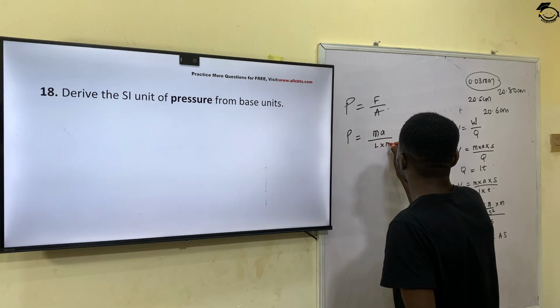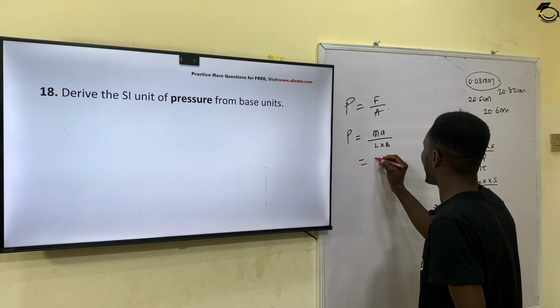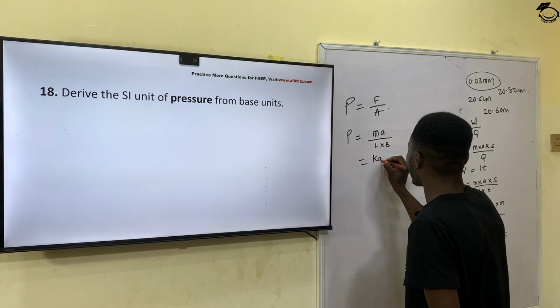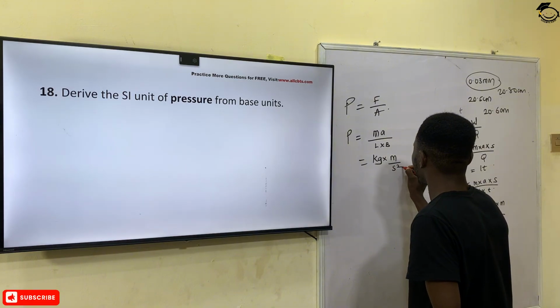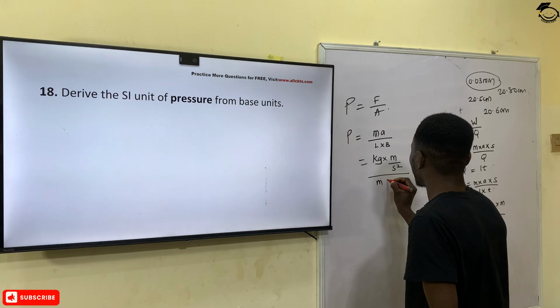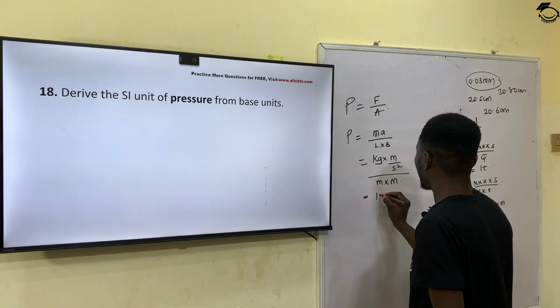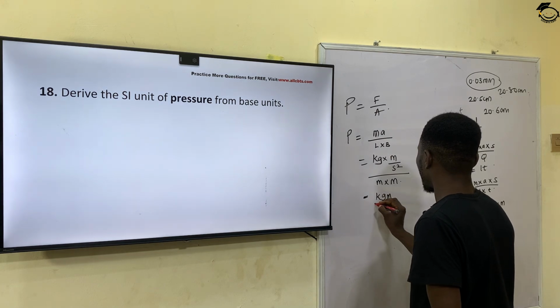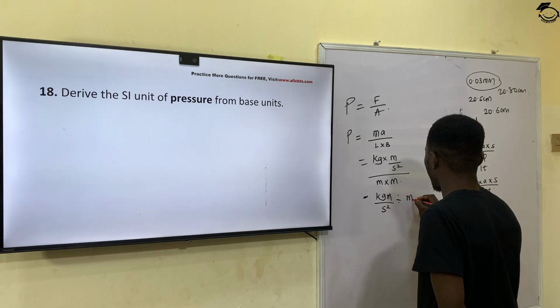Length times breadth, or length times length, as in this case. So my mass here is what? Kilogram. Acceleration is meter per second square, divided by length times length, which is meter times meters. So I have kilogram meters over second square divided by meters square.